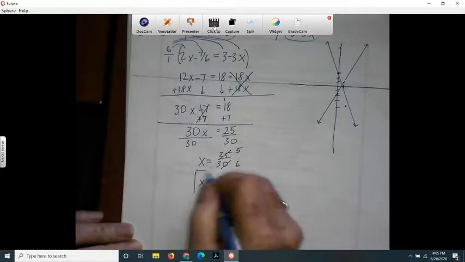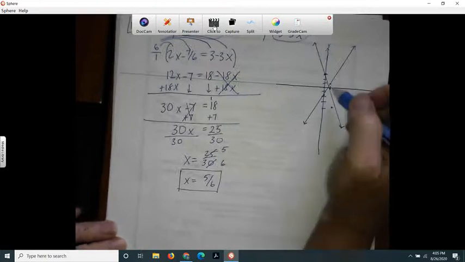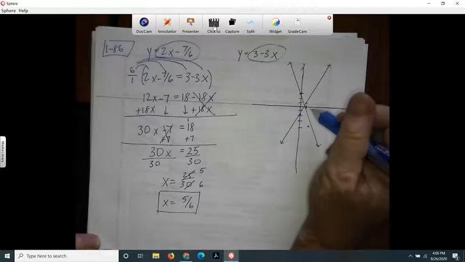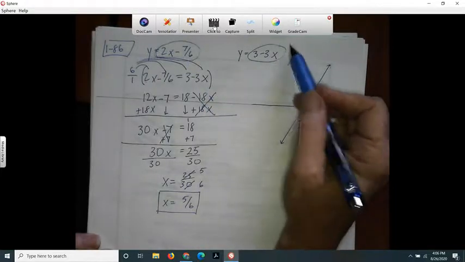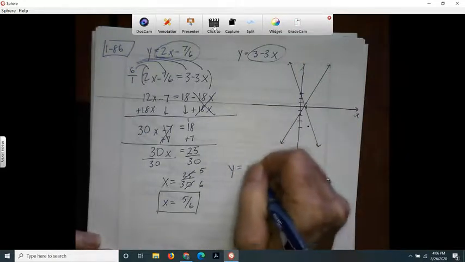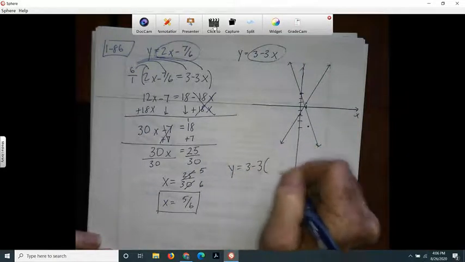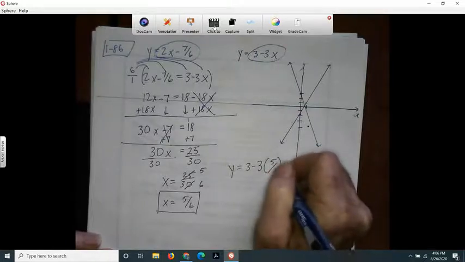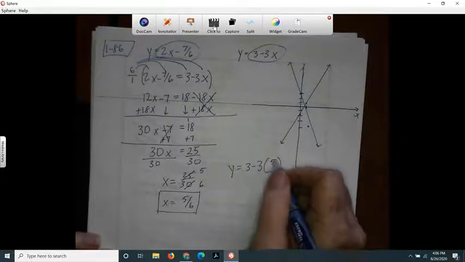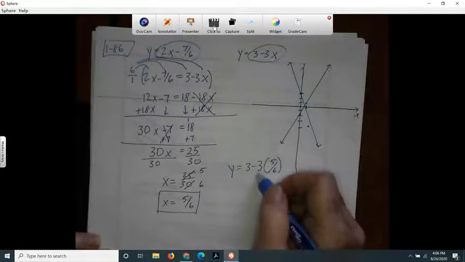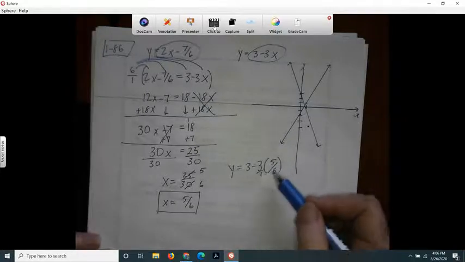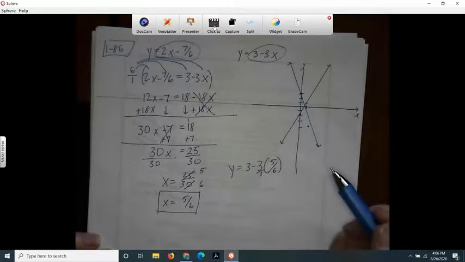I want to find the ordered pair here, so I need to plug it in somewhere to get the y. It doesn't matter which one I plug it into. This one looks a little nicer to me, so I'm going to plug in my x, which is 5/6, and then I'm going to do fraction math. Because I have to multiply 3 times 5/6, I'm going to put a 1 under my 3, and then I can just multiply across the top and across the bottom and reduce if I want to, or I can choose to cancel out my 3 and my 6.